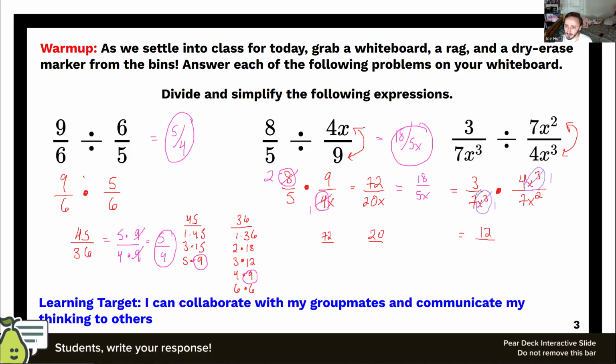In the denominator, I'm going to have 7 times 7, which is 49, and then times x to the second. Then it might be worth checking: am I going to get any simplifying in this case? Well, if I take a look at 49, it could be 1 times 49 as a factor pair. It could be 7 by 7. None of those are factors other than 1 that are also factors of 12. So that's about as simple as that fraction is going to get. There's not much else we can do to simplify that one down.